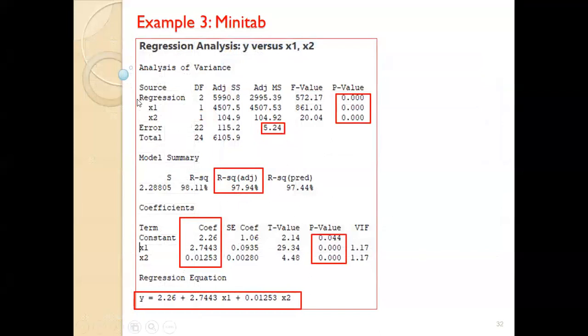Then you can check the degrees of freedom for regression. The p-value is less than alpha. Okay, we have the linear equation that's defined for this. And this is adjusted R square, and this is the coefficient.